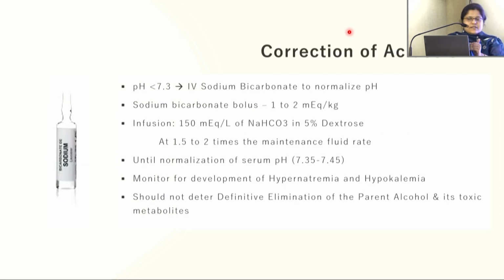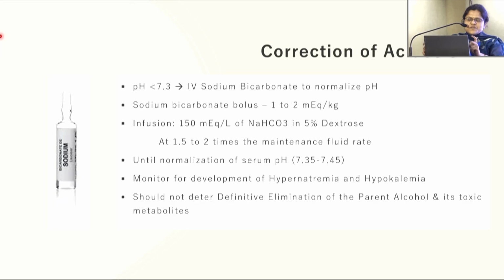So if pH is less than 7.3, you will give IV sodium bicarbonate to normalize the pH, that is 7.35 to 7.45. A sodium bicarbonate bolus of 1 to 2 milliequivalents per kg will be given, followed by an infusion, that is 150 milliequivalents per liter of sodium bicarbonate in 5% dextrose at 1.5 to 2 times the maintenance fluid rate.